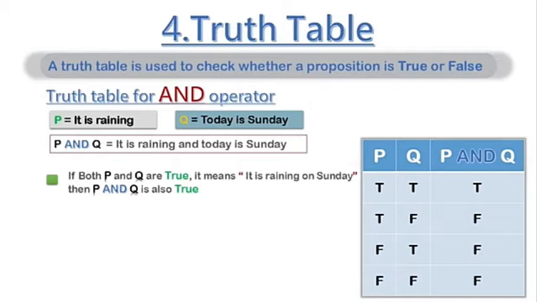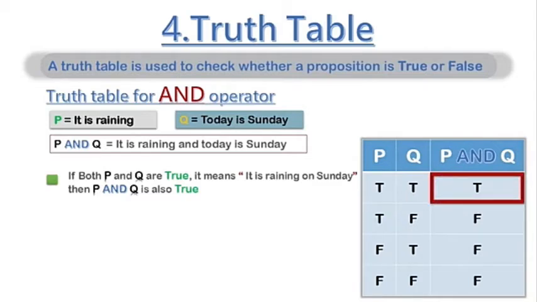For example, it is raining, yes, but not on Sunday. It means today is not Sunday, but it is raining, so p is true and q is false. The answer will be false, and you learned that if one condition is false, the answer will be false.